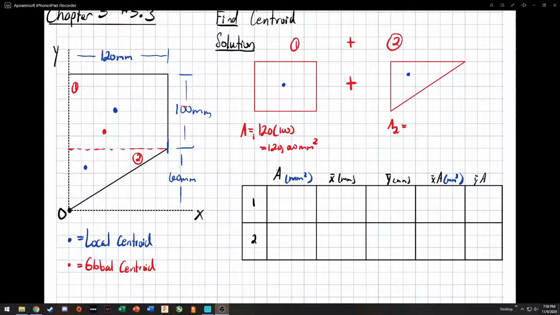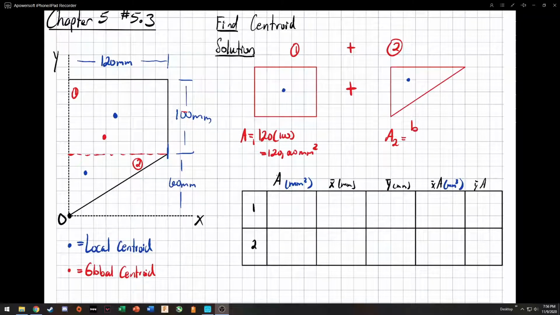Now we have a triangle. Our triangle is going to be pi r squared over 2, oh, sorry, I was thinking of a circle. Don't know why, but I was. Our triangle is actually going to be base times height over 2, which is 60 times 120 over 2.